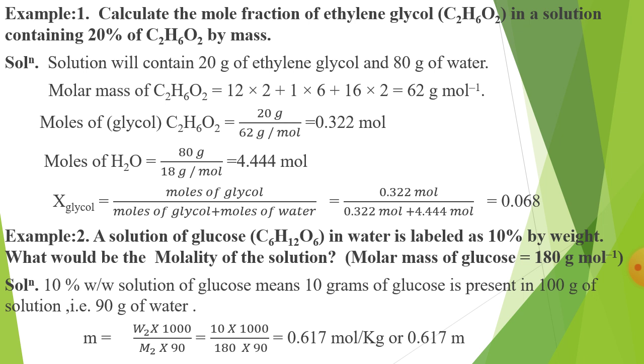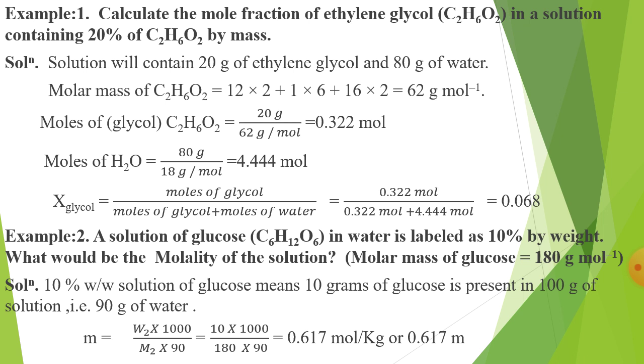Second example: a solution of glucose, formula C6H12O6, in water is labeled as 10% by weight. What will be the molality of the solution? The molar mass of glucose is given as 180 gram per mole. Here again 10% by weight means 10 gram glucose plus 90 gram of water. The mass of glucose is given, the mass of water is given.